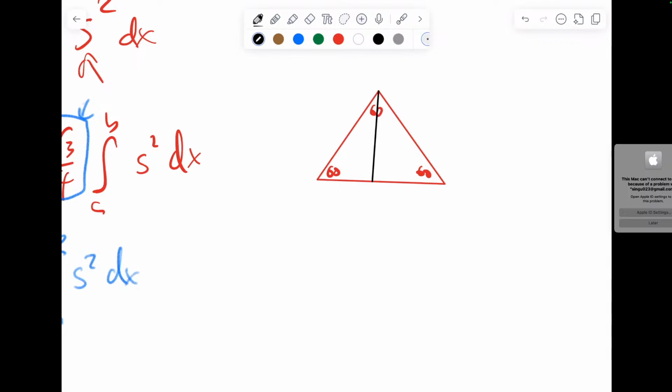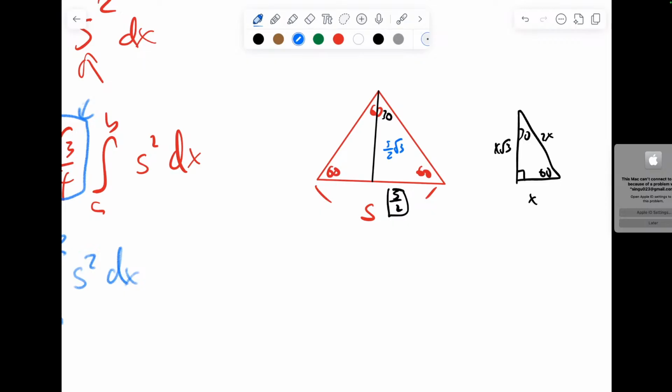This whole side is S, which we put in red. This is S divided by 2. Now, remember the 30-60-90 triangle: this is 90, this is 60, this is 30, this is X, this is X square root 3, this is 2X. The shorter side faces the 30 degrees, which is the S over 2 here. So this side is S over 2 times square root 3.